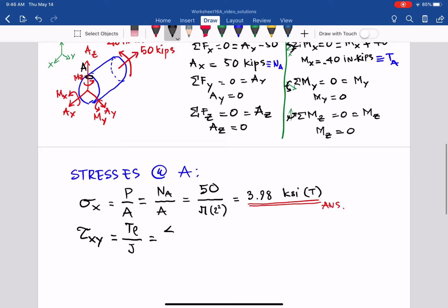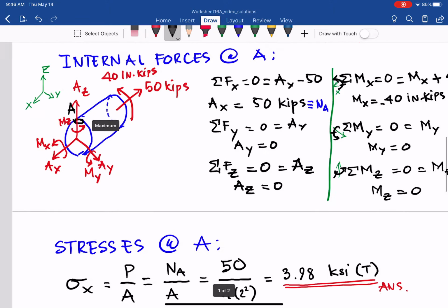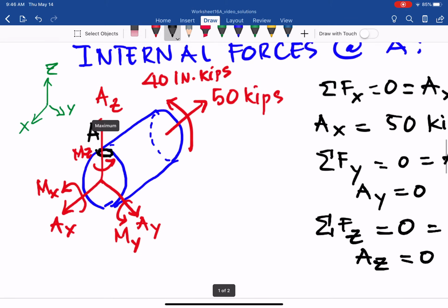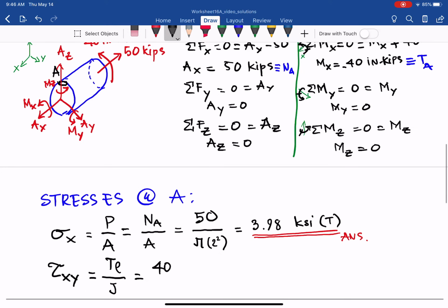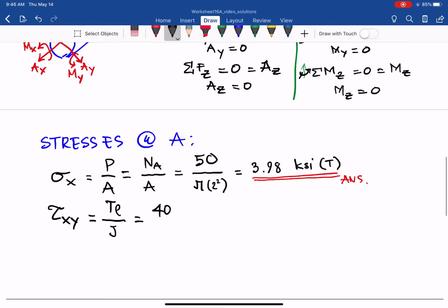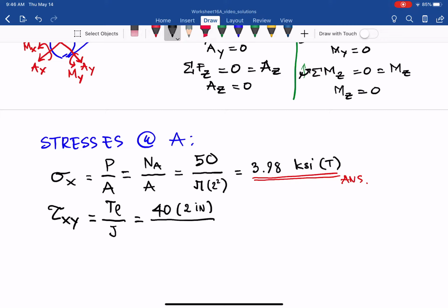From that we can plug in T, 40 inch-kip. So 40 times rho. At A, as you can see, it is the outermost fiber on the top of the shaft, so rho will be equal to the radius, 2 inches, divided by the polar moment of inertia, pi over 2 radius to the power 4.